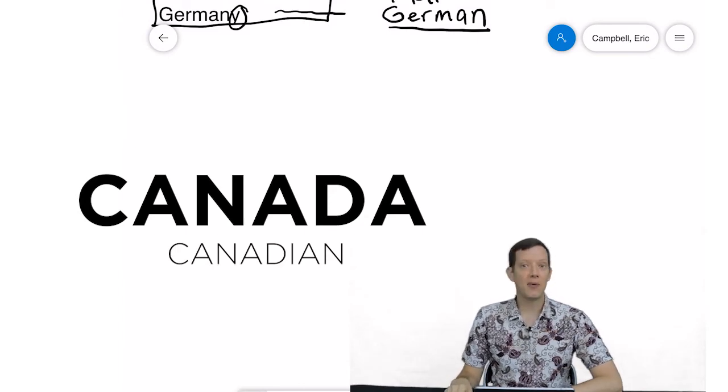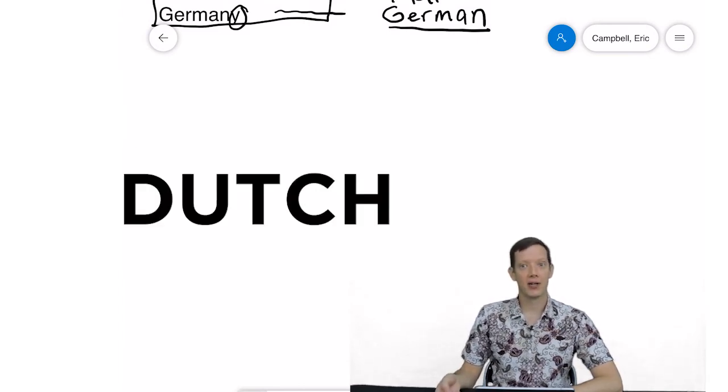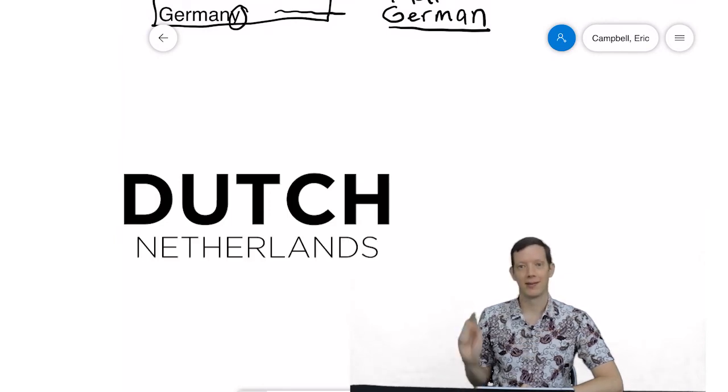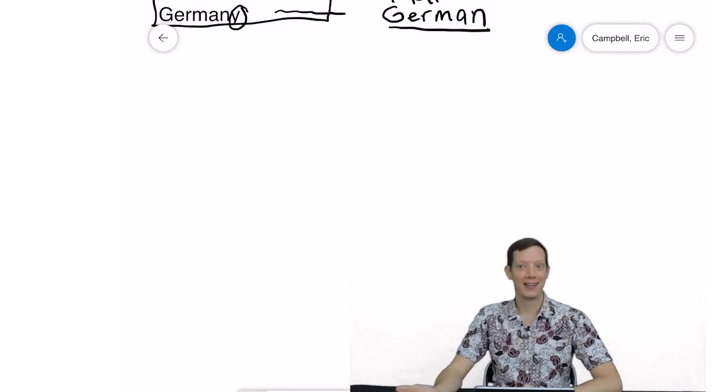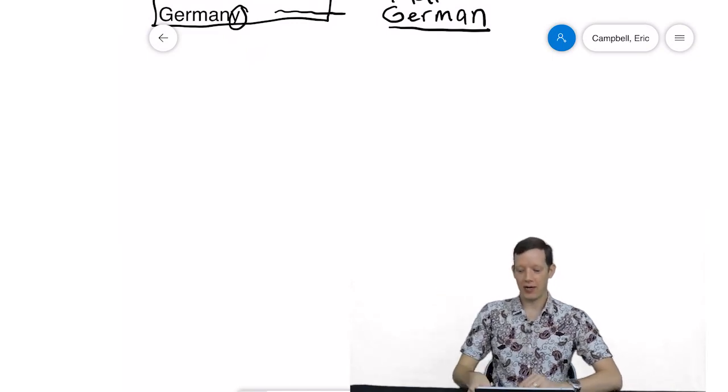Okay? If I give you the name of the nationality, for example, Dutch, then you're going to tell me the name of the country, Netherlands, right? Okay? You understand how to play? All right, so I'm going to say it. You'll have a second or so to respond, and then we'll show you the correct answer. Okay? Here we go.